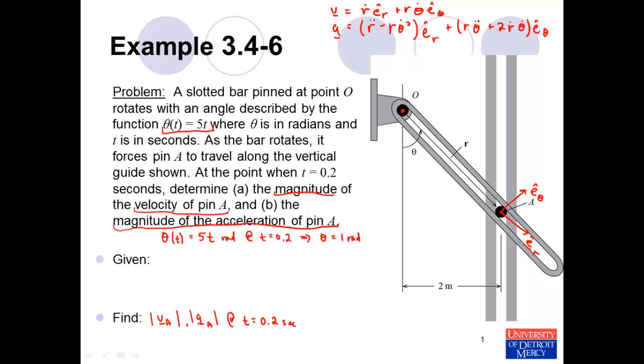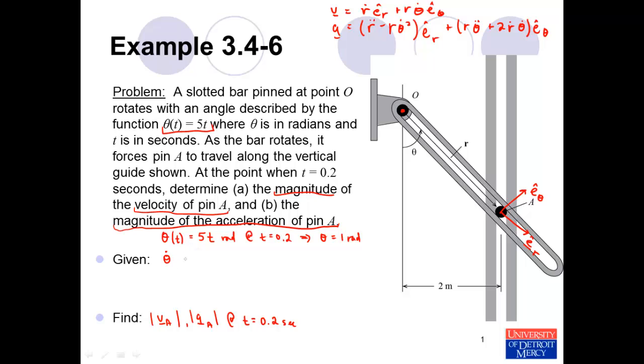Looking at these two equations, there's quite a bit of information that we need. And looking at what we've been given explicitly, we haven't been given too much. But it turns out we can find a lot of what we need. So we're given theta. We can find theta dot and theta double dot quite easily.